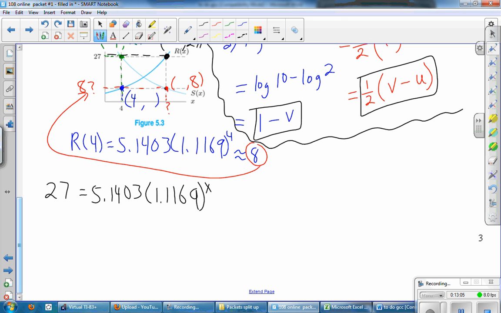So we'll divide by the 5.14. I'm going to do 2 steps in one here. Now that the exponential part is isolated, we can take the log of both sides.